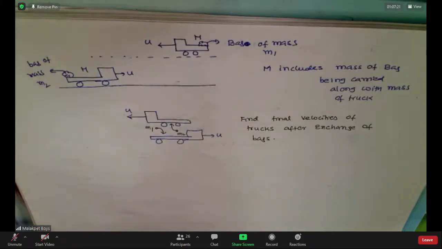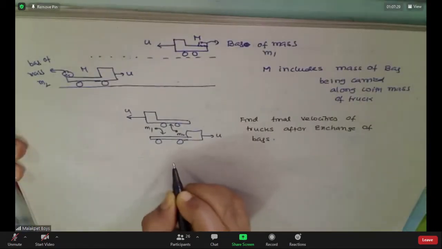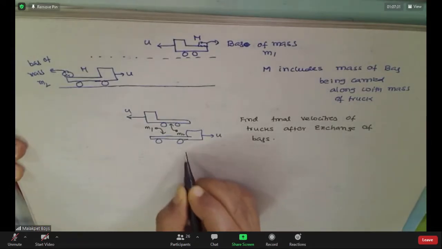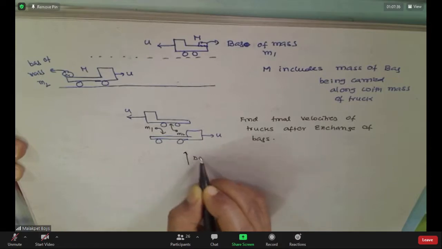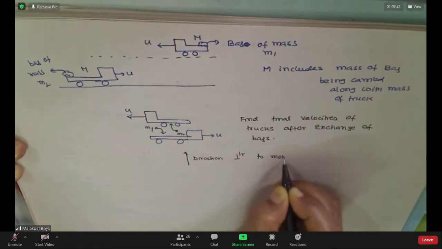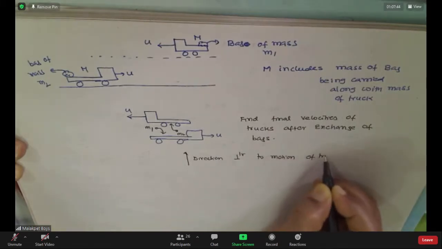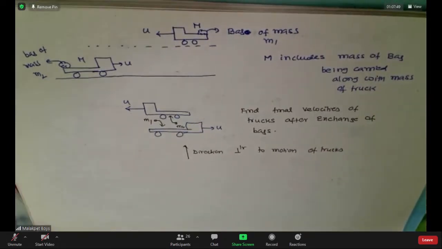Now we can see that this is the direction perpendicular to the motion of truck, no? The bags are thrown in perpendicular. Now in this direction, we can conserve momentum. Let us see what happens to this. So far followed?